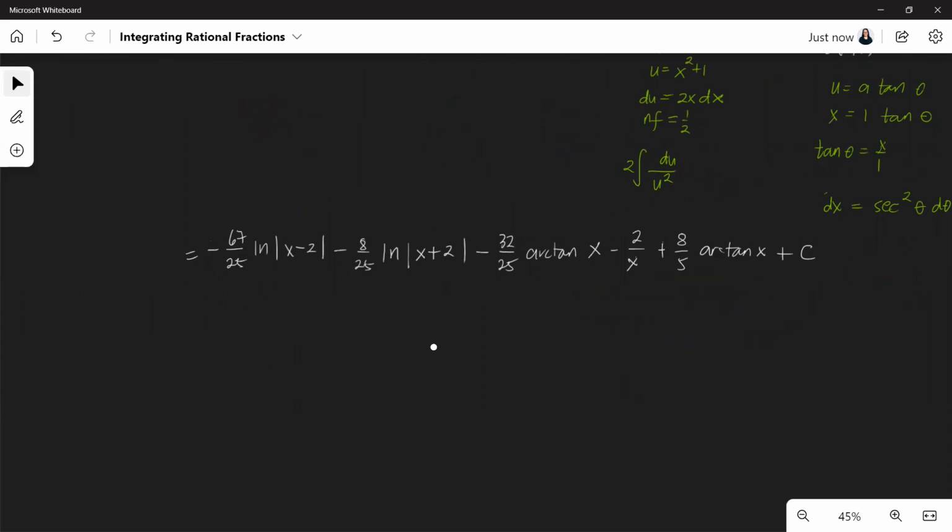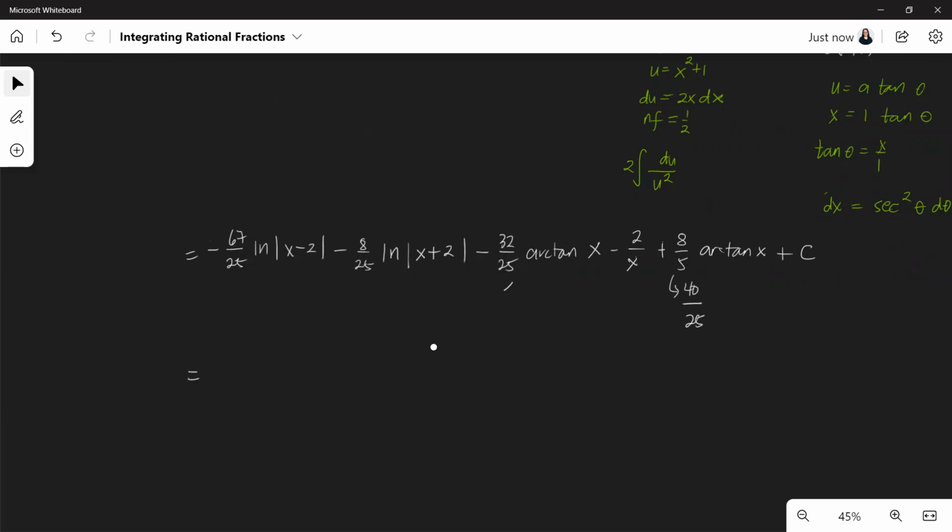Okay, this is actually equal to 8 times 5, 40 over 25. You combine it with negative 32 over 25. So that's 8 over 25.